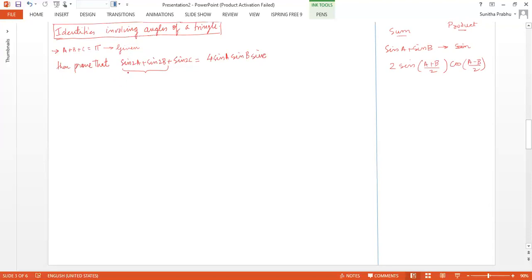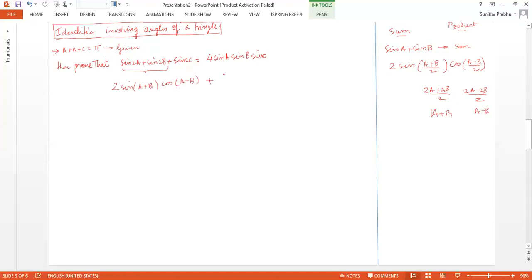Can you please help me in putting it in this form? So it's 2 sine a plus b cos a minus b, because it is 2a plus 2b by 2, 2a minus 2b by 2. So it's going to become a plus b and a minus b. Correct? Yes, sir. 2 sine a plus b into cos a minus b.